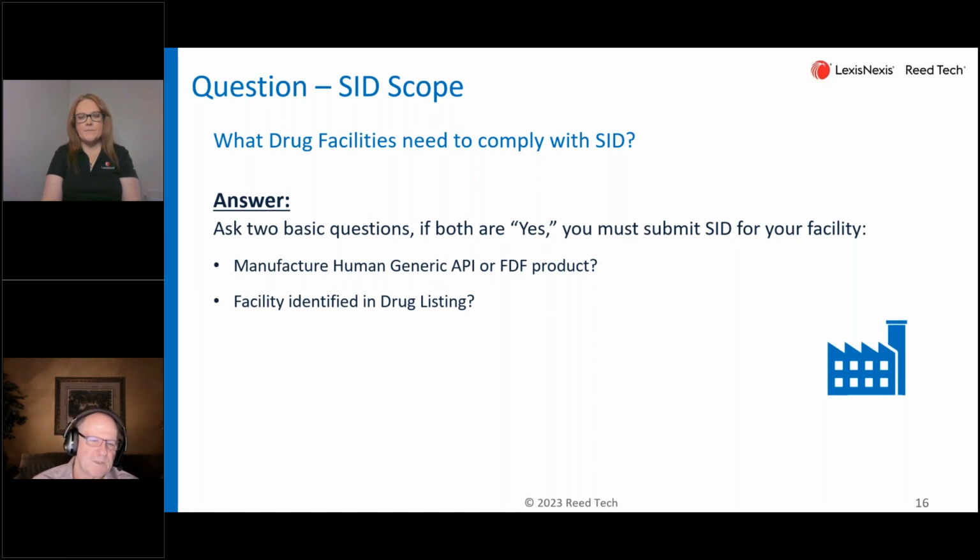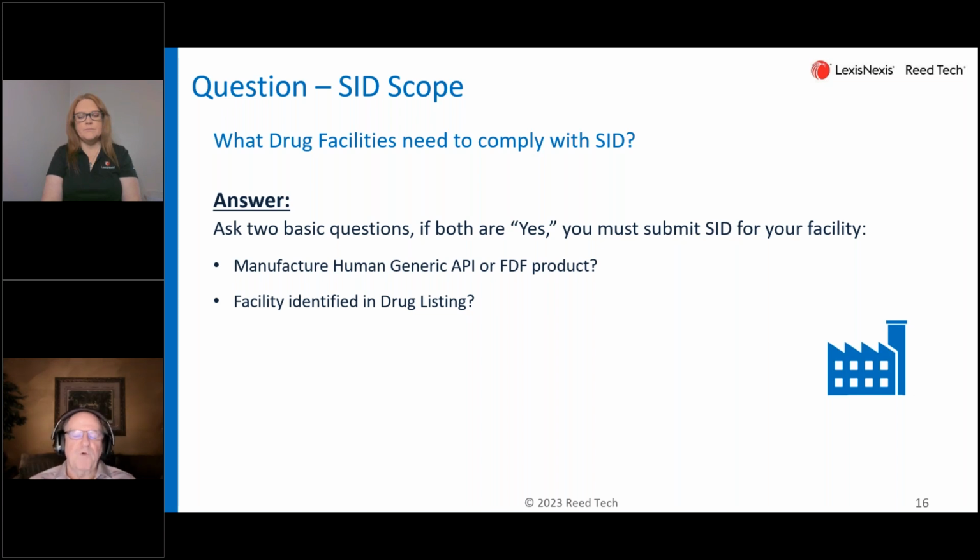So the first question is, do you manufacture a human generic API or a finished dosage form? That's pretty straightforward, yes or no. And then secondly, is your facility identified in a drug listing? That's a little bit of a subtle question.